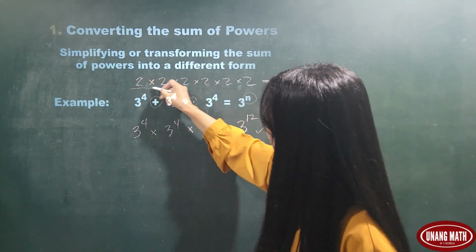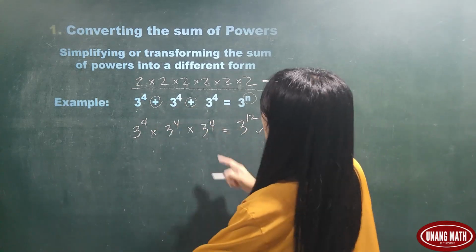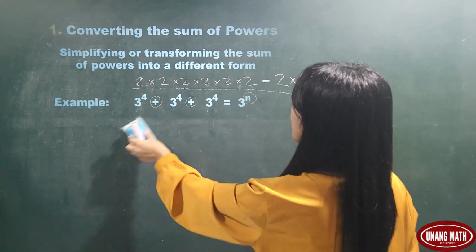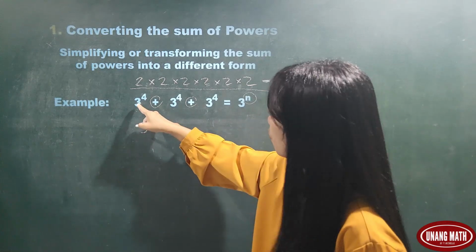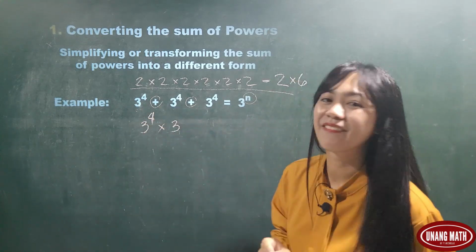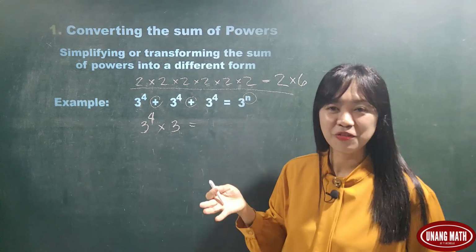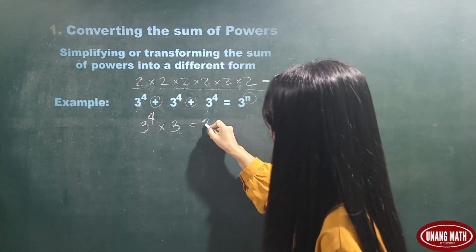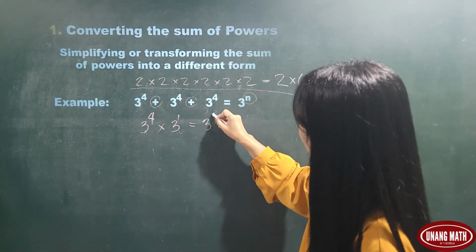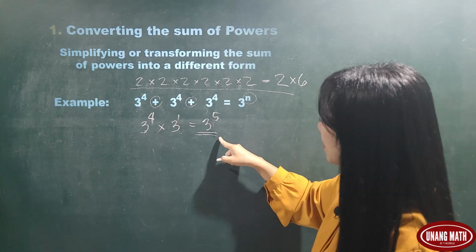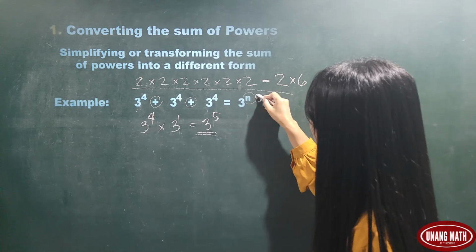So basing from this concept, 3 raised to the power of 4 plus 3 raised to the power of 4 plus 3 raised to the power of 4, we can write as 3 raised to the power of 4 times 1, 2, 3. So 3. Okay, now, same bases, so we can apply the exponent rule. Copy the base 3, then we need to add the exponents. So the exponent here is 1. So 4 plus 1 is 5. So meaning this is equal to 3 raised to the power of 5. So our exponent here is 5.